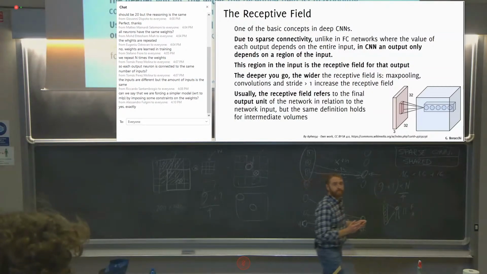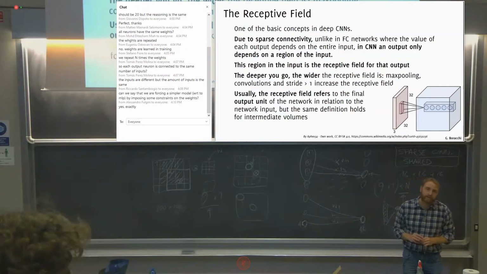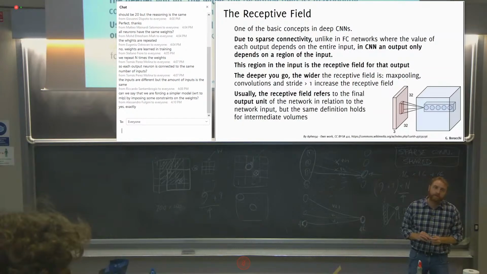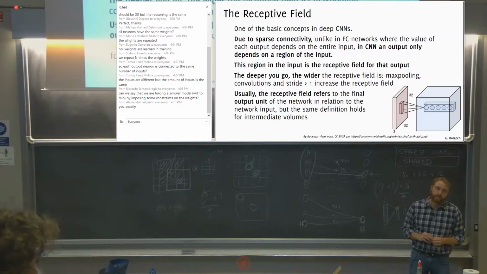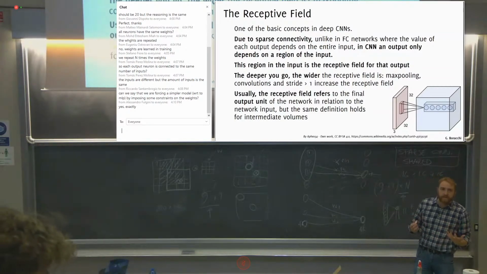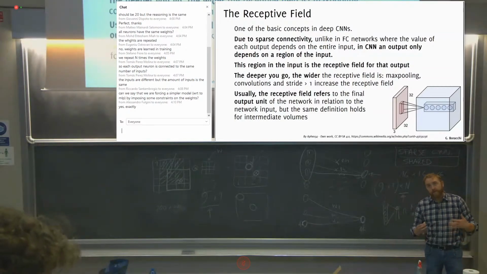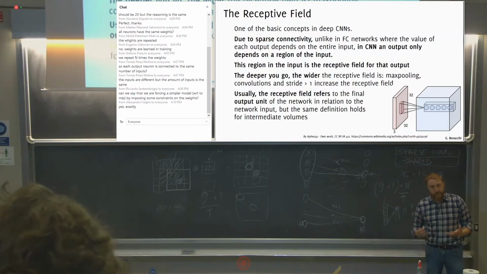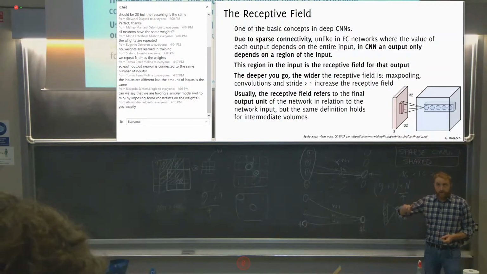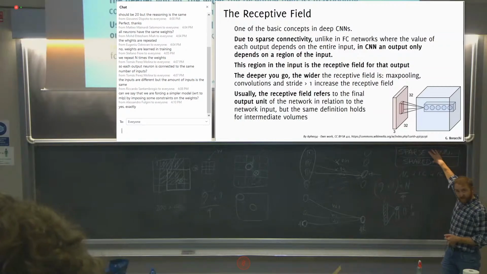A CNN can be applied to any kind of data where these properties are meaningful. In an image, they are.